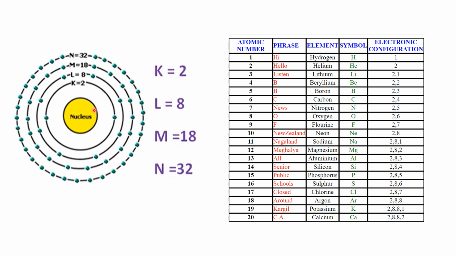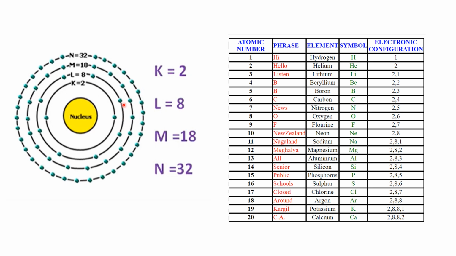Protons are positively charged and neutrons have no charge, as they are neutral. So the charge of the nucleus is positive because of the protons. Now what do you see outside of the nucleus? Outside of the nucleus, there are orbits and shells. These are the paths for the electrons.